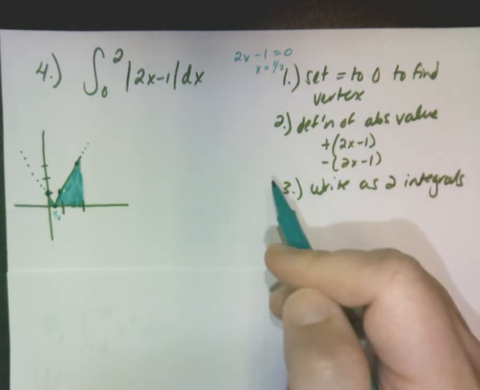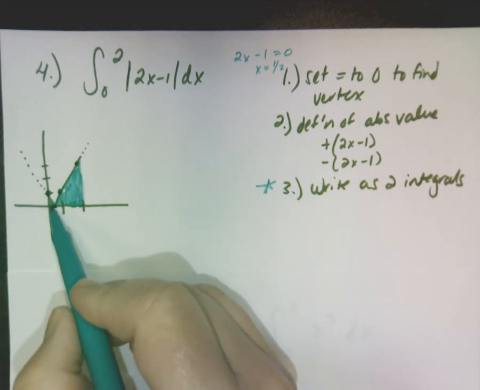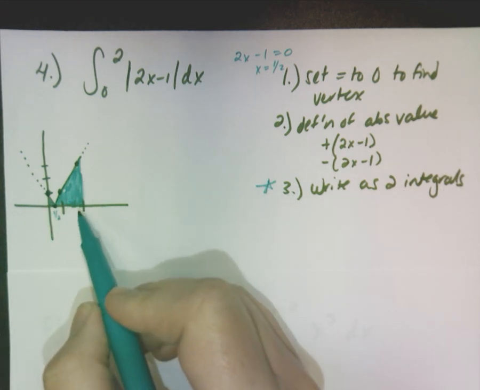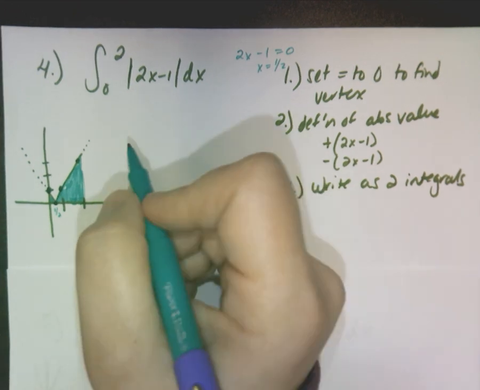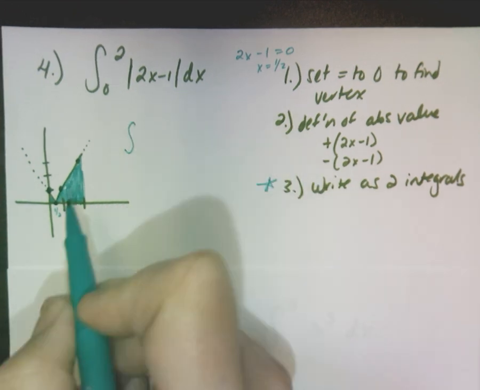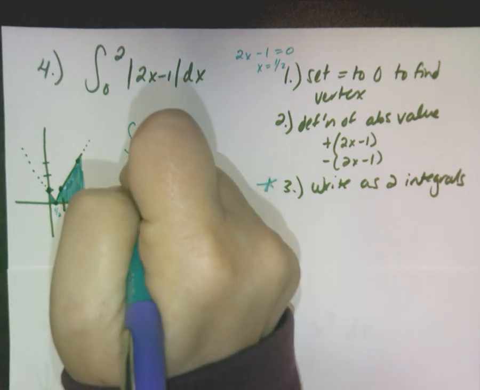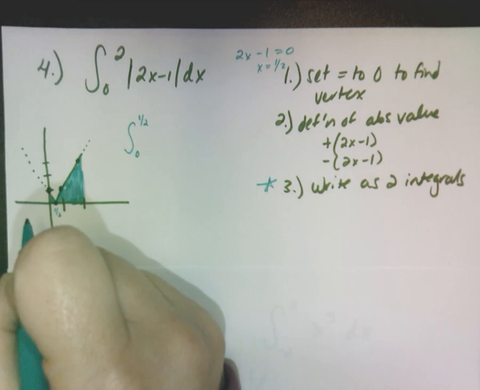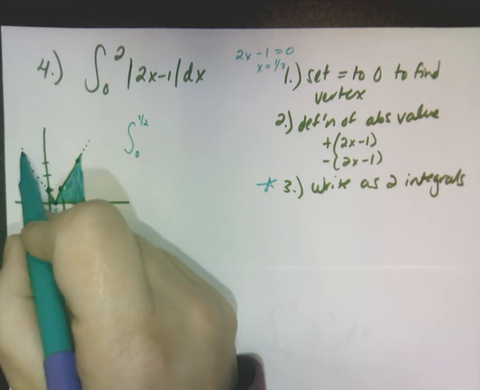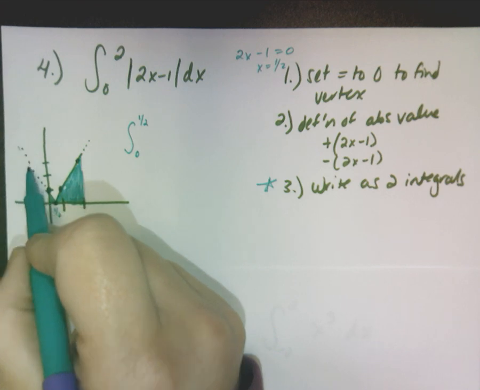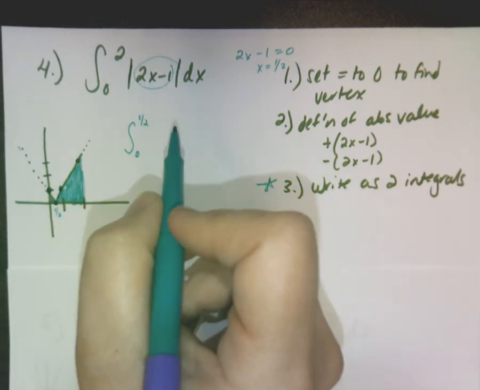What that means is then you actually need to write this as two integrals. This one area and then this area. So watch what I'm doing here. I'm going to integrate from 0 to 1/2, low to high, lower to the first dot, of this is a negative slope of this function.